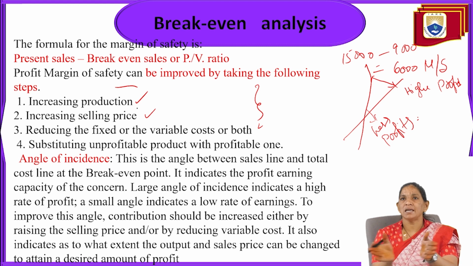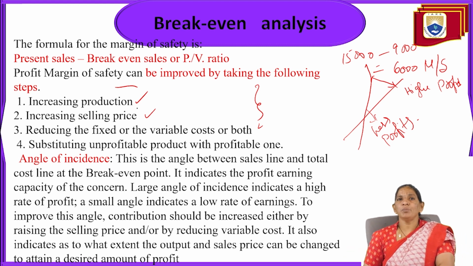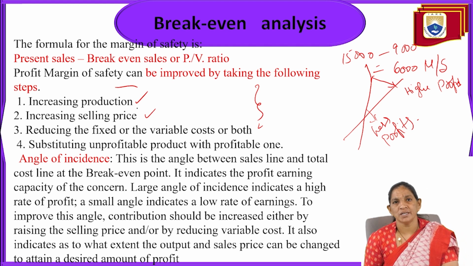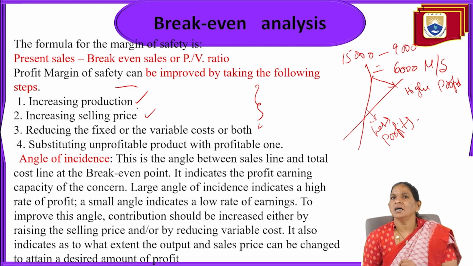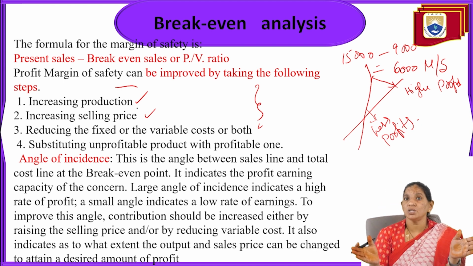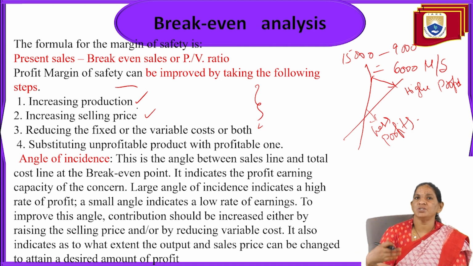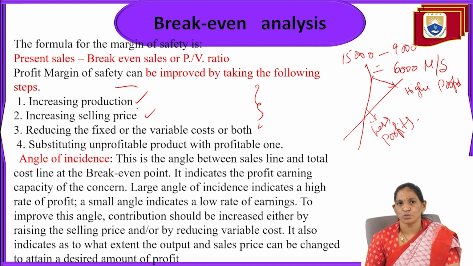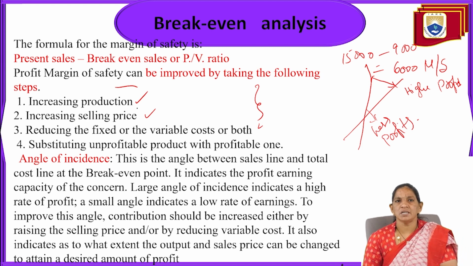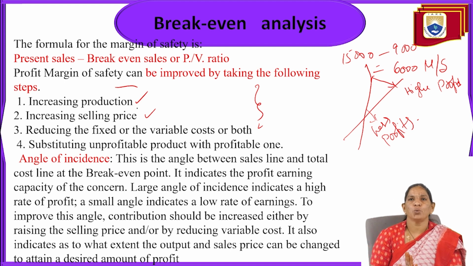So the extension of these rays helps us indicate what sort of profits or earnings the organization is getting. If the angle is small, we get a low rate of return and the profits are less. If the angle is large, automatically the profit range increases and the rate of return will also be good. This helps us identify the extent of output and sales change needed to attain a required profit.